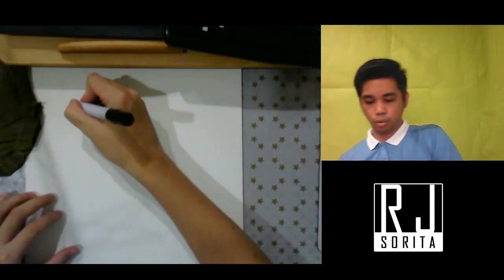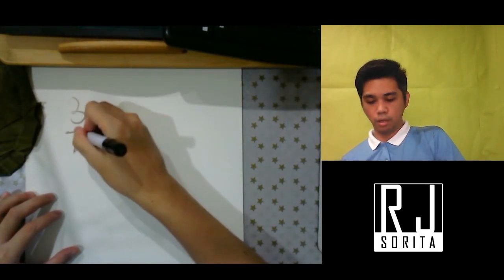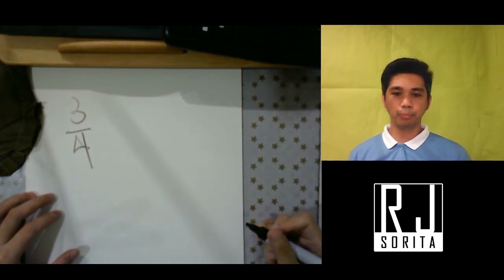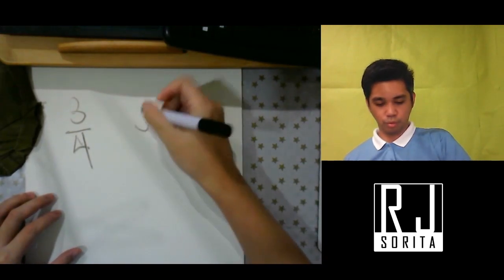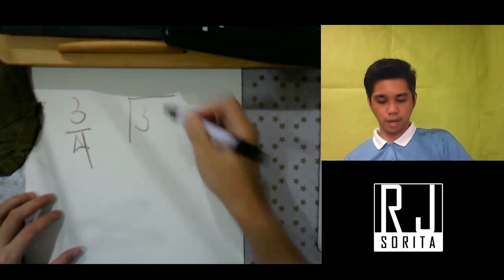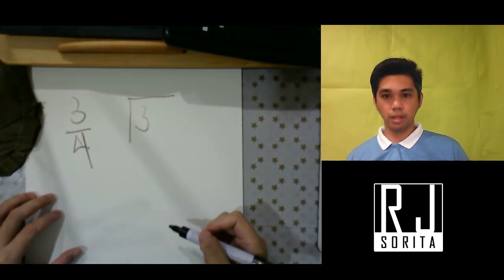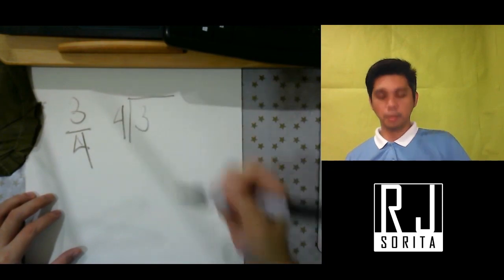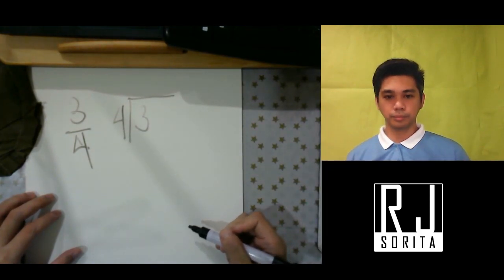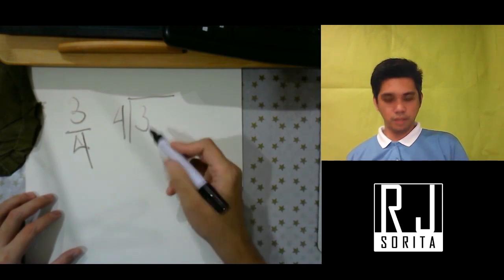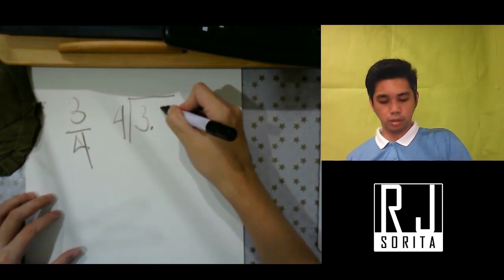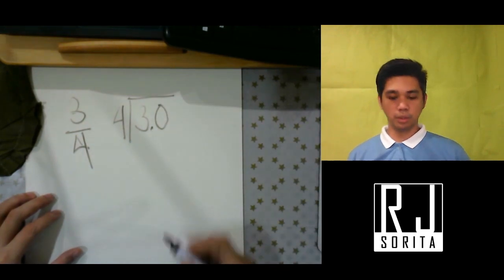Let's have another example. Let's say I want to convert 3/4 to decimal form. So you have to divide 3 by 4. So you know that this is not divisible. We have to add another 0.